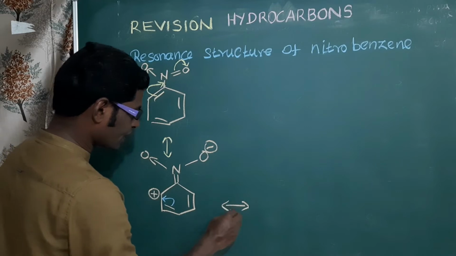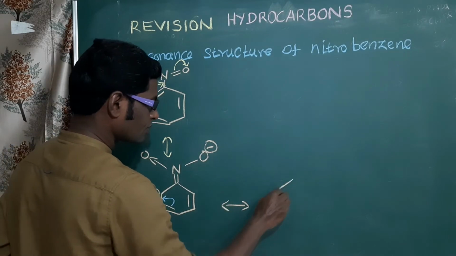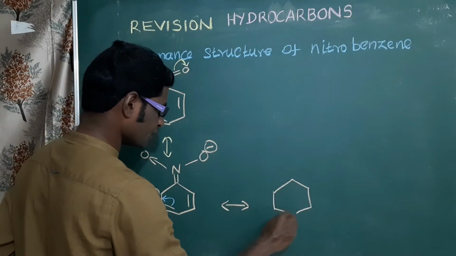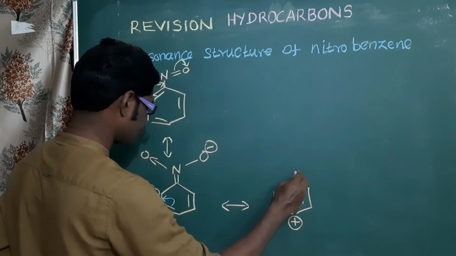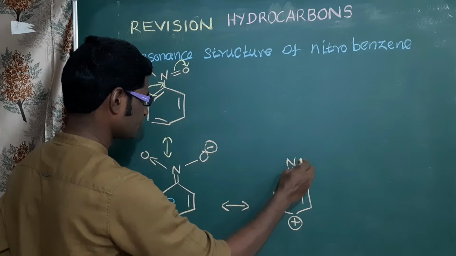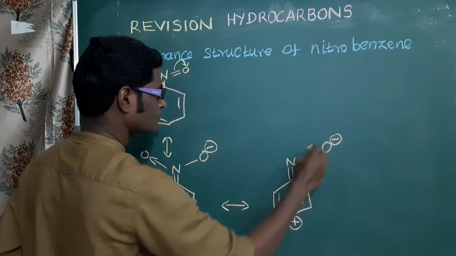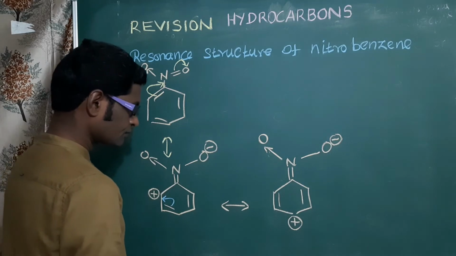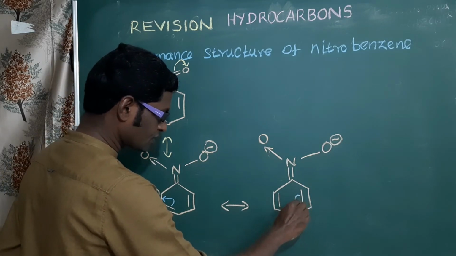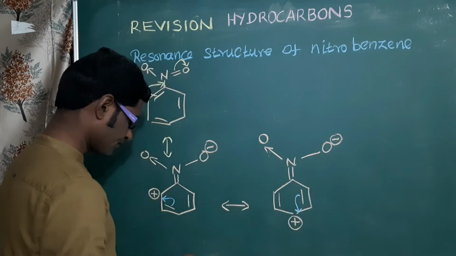Now carbocation created on the para position. Now this electron shifted towards the carbocation.